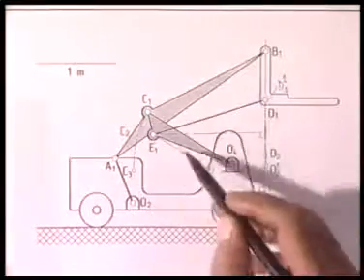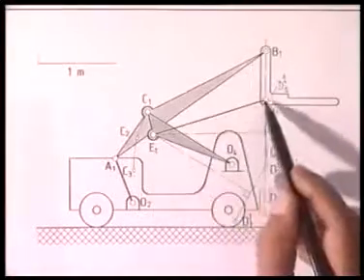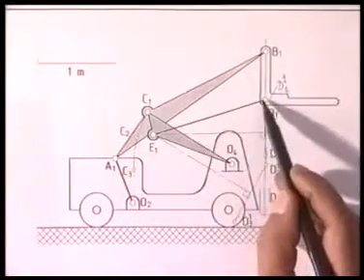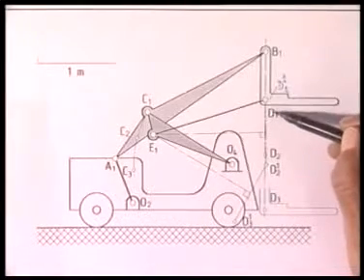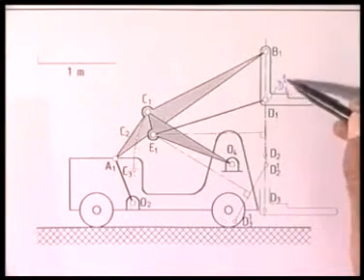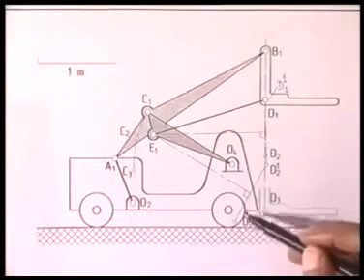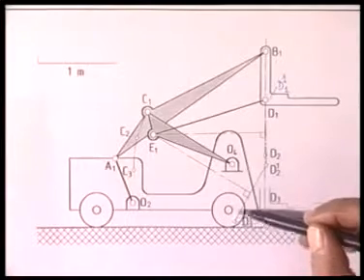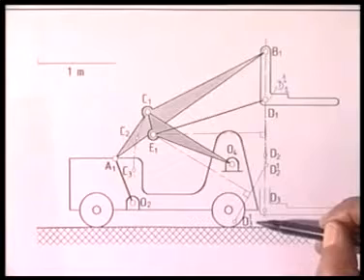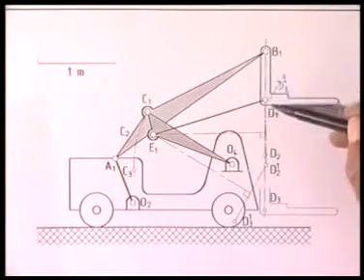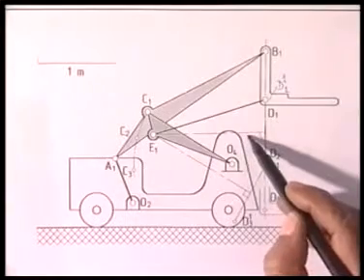Since link 4 is fixed at its first position, this link length is of constant length, so E1 can be located at the center of the circle passing through D1, which is same as D11, D21 and D31. So again, following the usual technique, I find the perpendicular bisector of these two inverted positions, D21 and D31, and the perpendicular bisector of D11 and D21, which is given by this line.